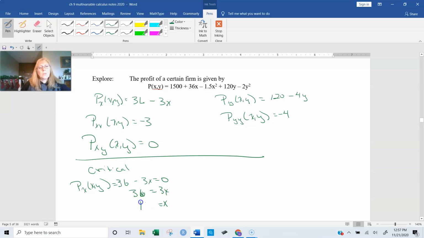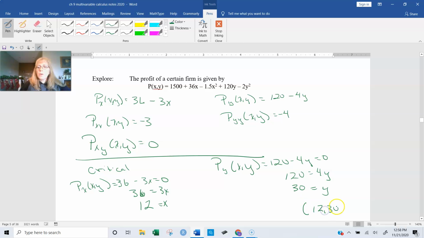So x is equal to 12. Well, the same thing over here. We're going to do p of y, set that equal to 0. So y is equal to 30. So we have my critical point of 12, 30.